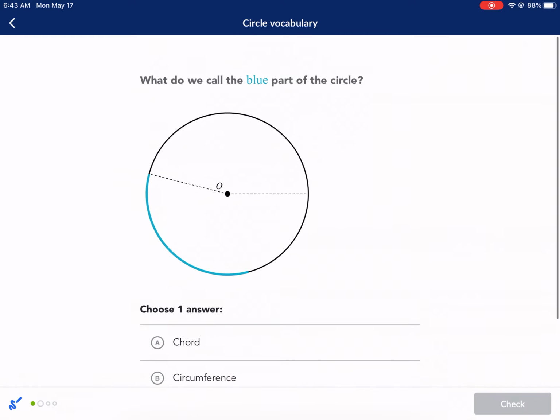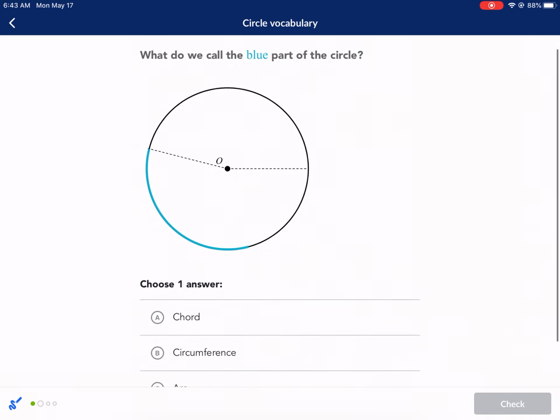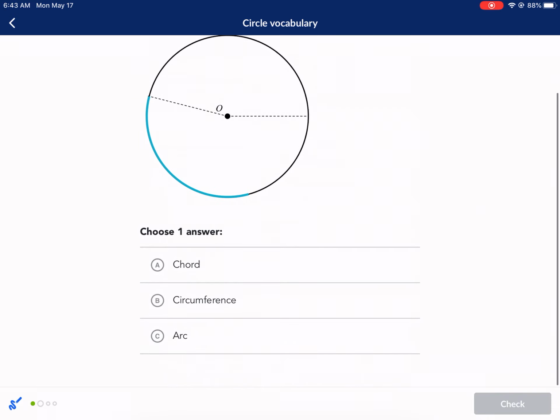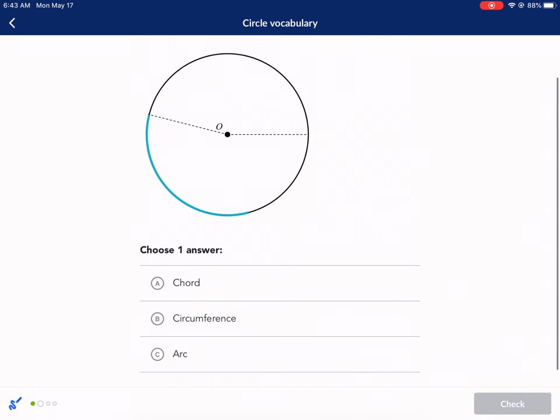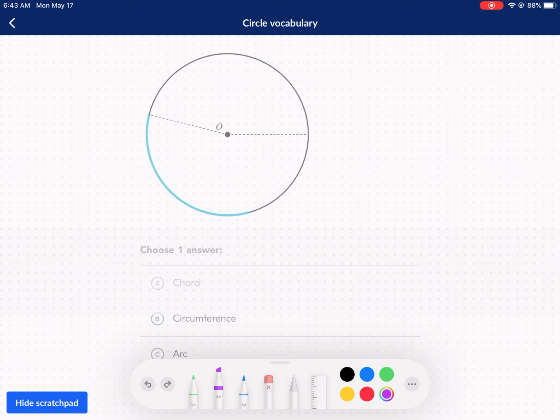All right, what do we call the blue part of the circle? The blue part, okay. So we have chord, circumference, and arc. Now, let's break this down. Chord, we already talked about. That's a line segment connecting 2 points on the circle. So if we had 2 points in the circle and it was connected, that would be a chord, okay? It's not that. Circumference is the entire distance around the circle.